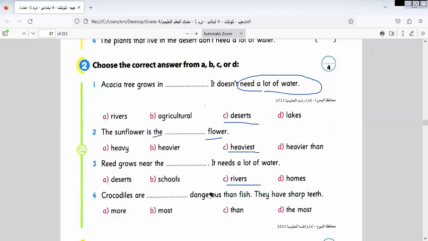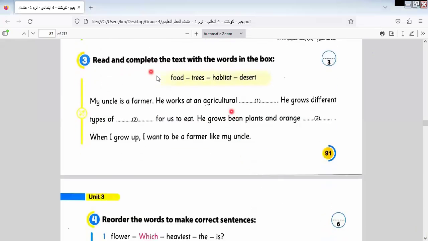Let's go to another one. Here we have, let's answer this question together. My uncle is a farmer. He works in agriculture. Habitat, as we know during the lesson. He grows different types of what?